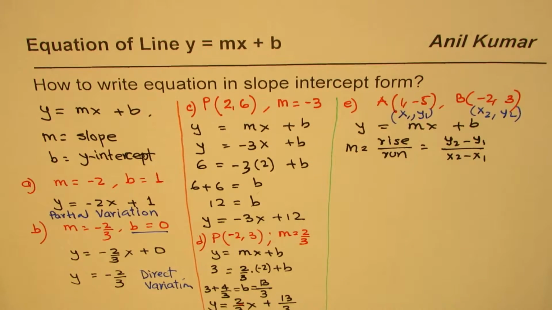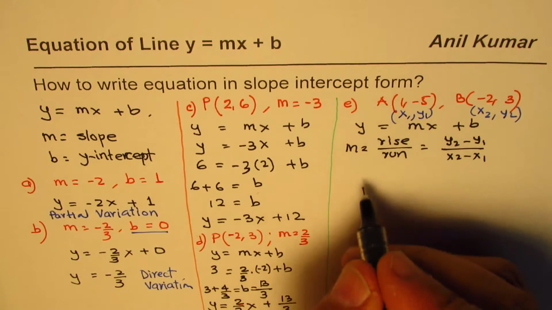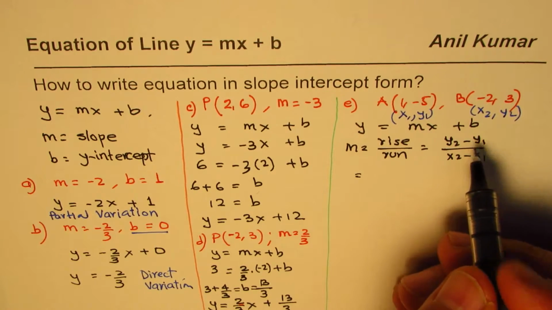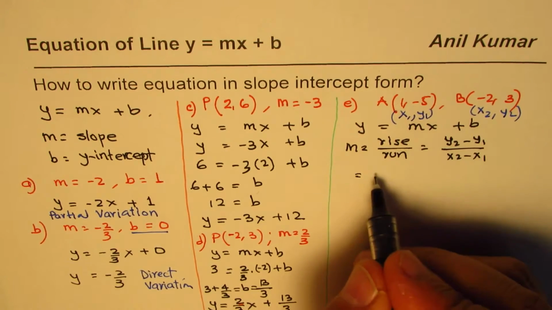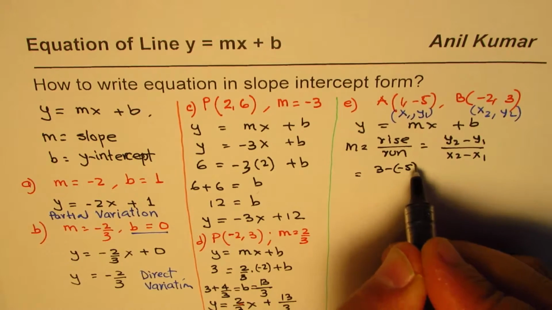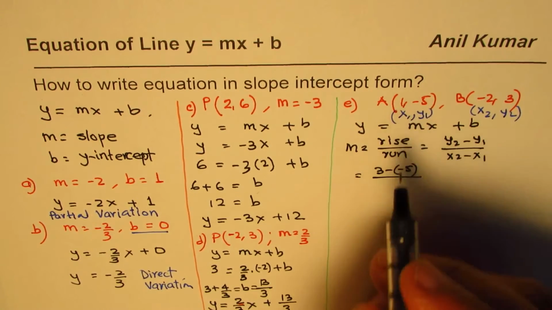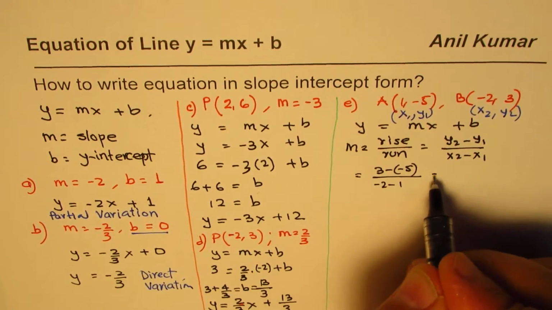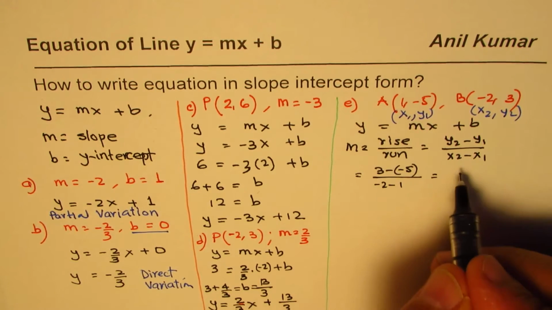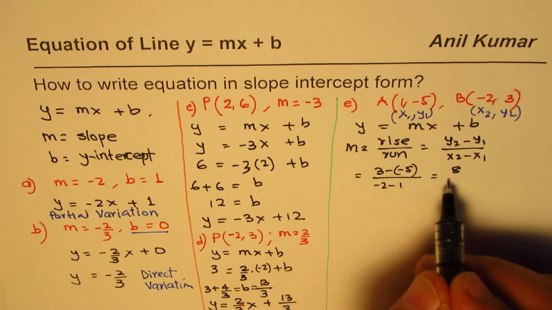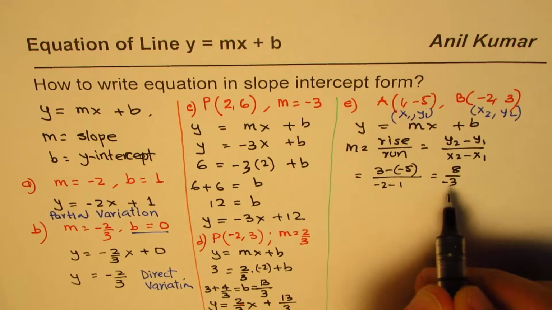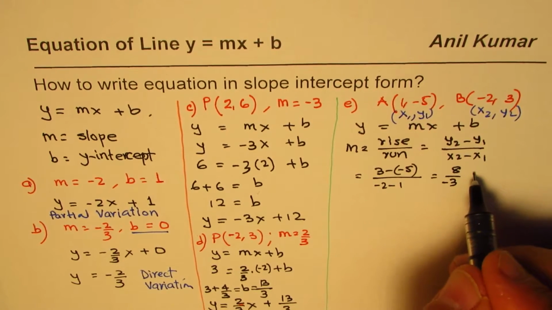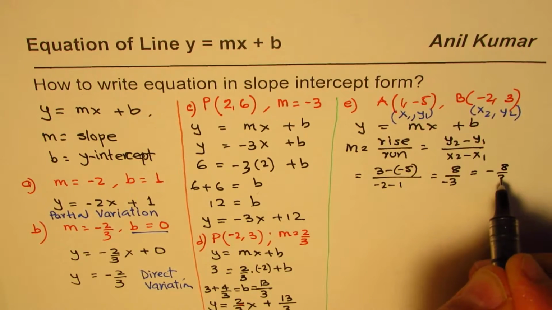Okay, let's substitute. y2 minus y1, that means 3 minus minus 5. I could write 3 minus minus 5 divided by minus 2 minus 1. So that becomes plus, and so we could write this as 8, and minus 2 minus 1 is minus 3. So that is the slope, right? So we could write slope as minus 8 over 3.